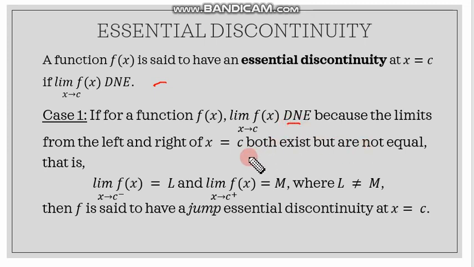because the limits from the left and the right side of x is equal to c both exist but are not equal.